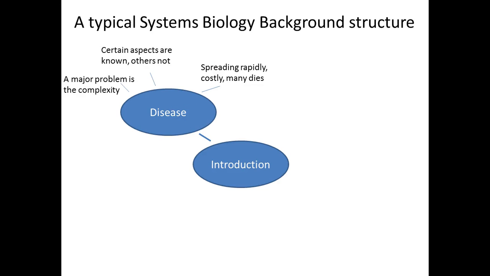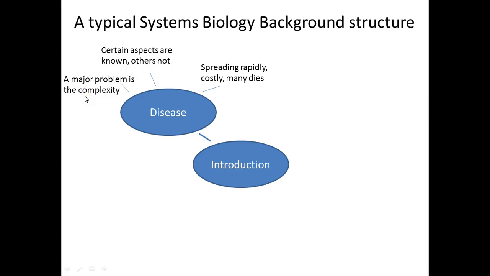And then you start to zoom in and basically you say that certain aspects of this disease are known, but others are not. And here you need to give some specific details that are important for your particular story. And then you can usually argue that one of the reasons why these important aspects that you have pinpointed are not known yet is that the system is so complex.